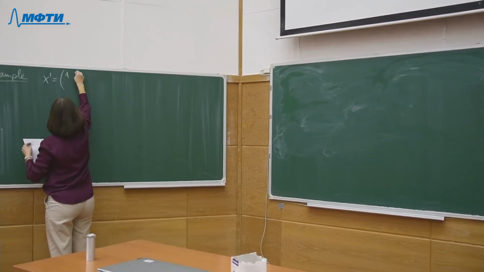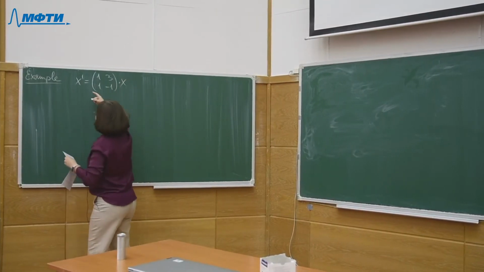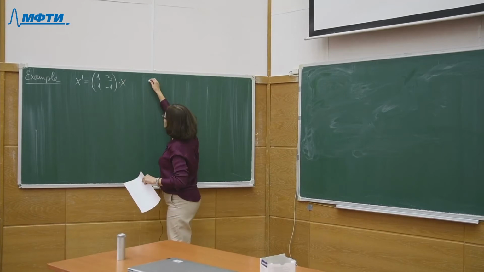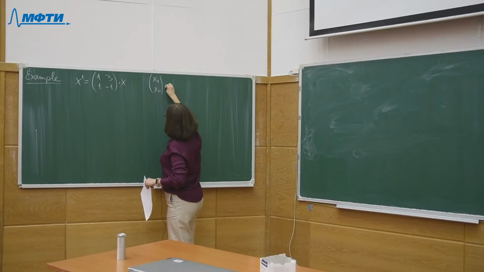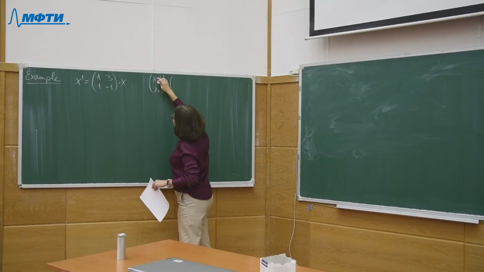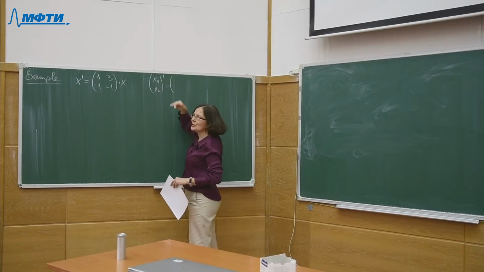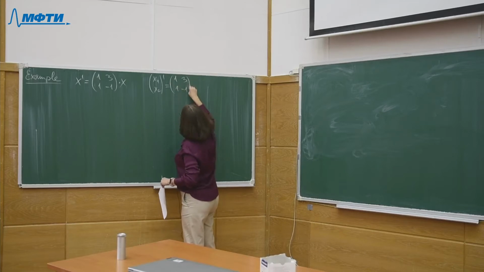Let's solve this differential equation. X is a two-dimensional vector, so this differential equation means that we actually solve the following: x prime equals the matrix 1, 3, 1, negative 1 times x1, x2.